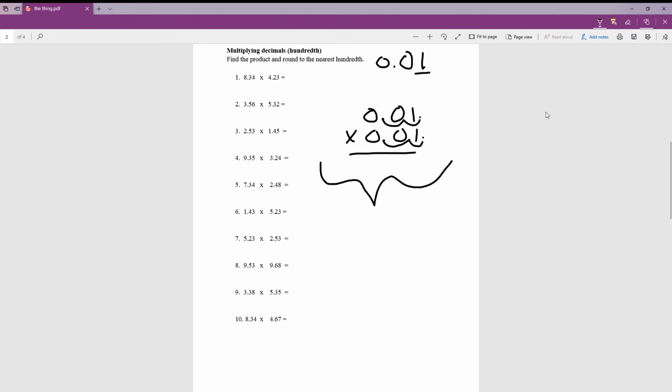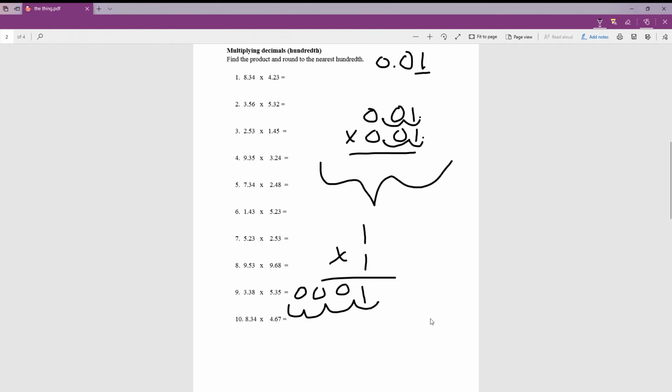And so now I'll be left with 1 times 1, and that equals 1. And my decimal point is here for now. So what you would do after is you would count the number of times you moved it over to turn them into a whole number. So in this case, I moved the decimal point over twice each, which is equal to 4 total. So I would move it 1, 2, 3, 4 spots back in the other direction.